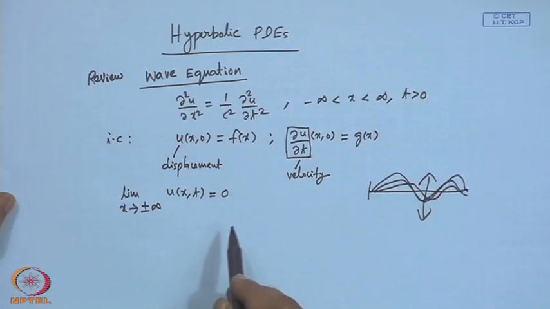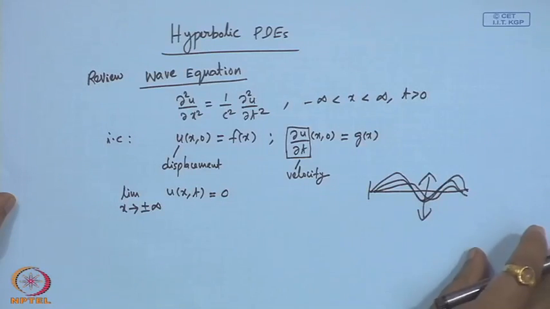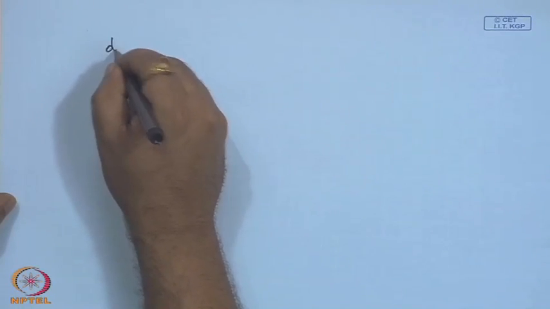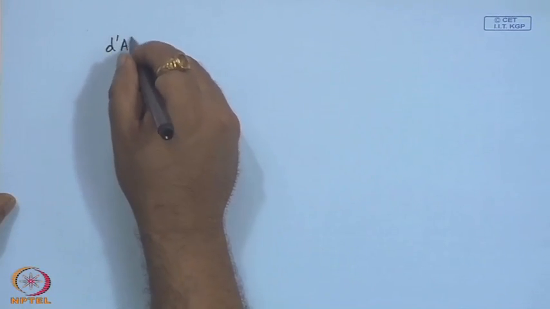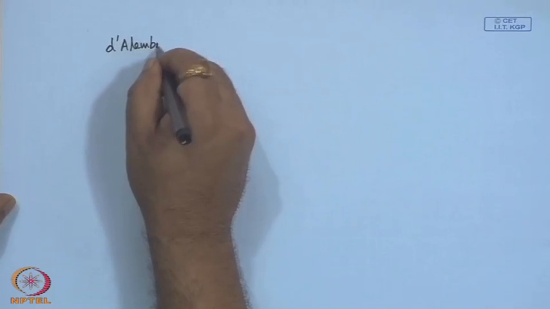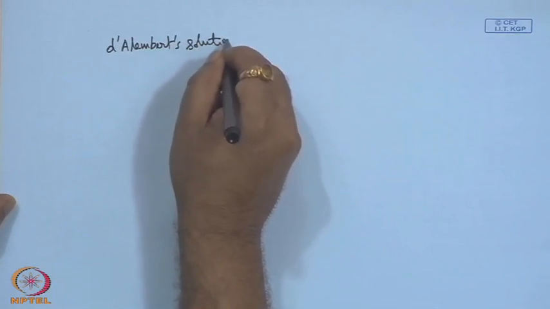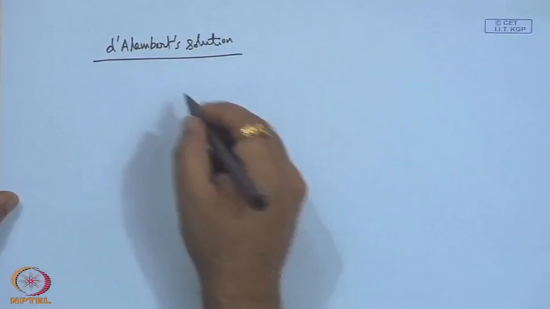definition of the problem. From an analytical point of view, there is a popular solution known as d'Alembert's solution.